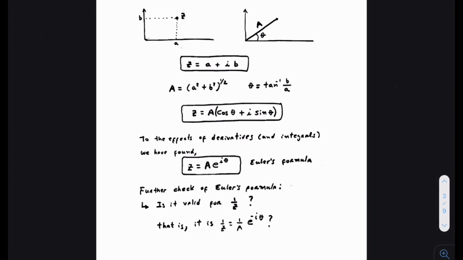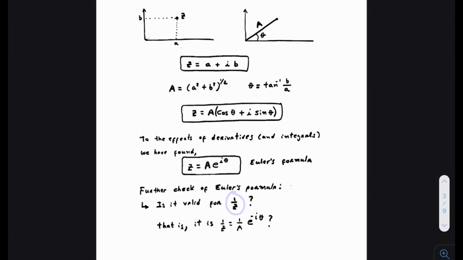And the argument of this complex number is simply tan inverse b by a. So this is the polar form of the complex number, and by using Euler's formula we can rewrite this as this one, right?